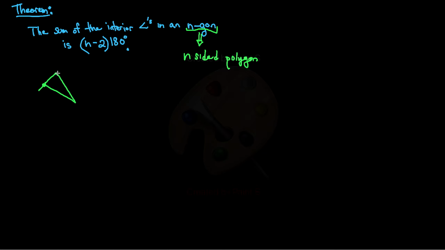This is a 3-gon. A 4-gon is your quadrilateral. So that's a 4-gon, more or less, if you forget about that piece. But yeah, 4-gon, 5-gon.